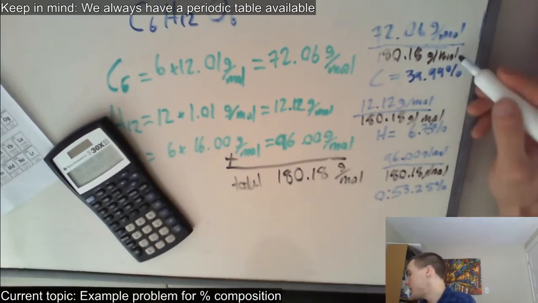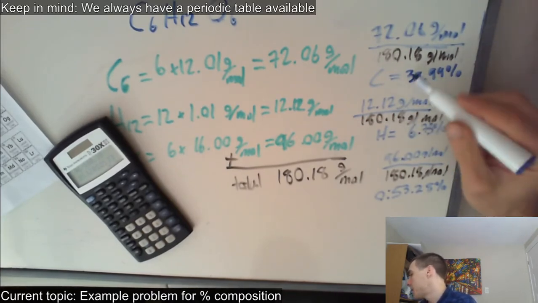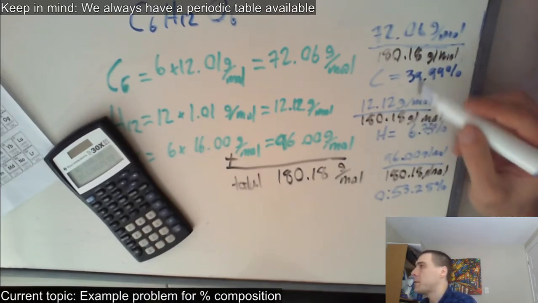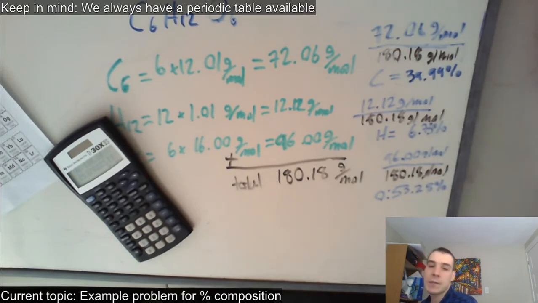Or you could just add these together to get about 47-ish%, and then 100 minus 47% would give you your percentage of oxygen, 53%.